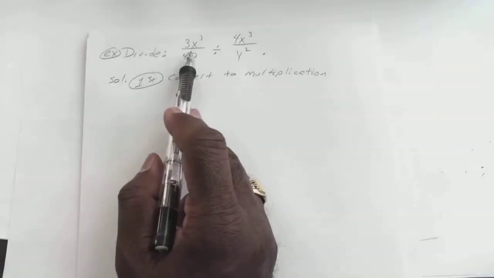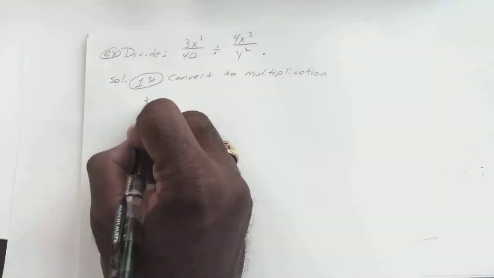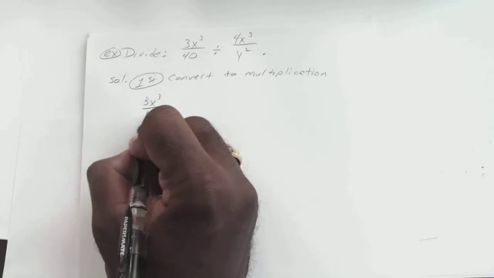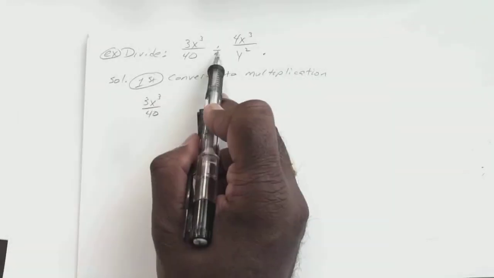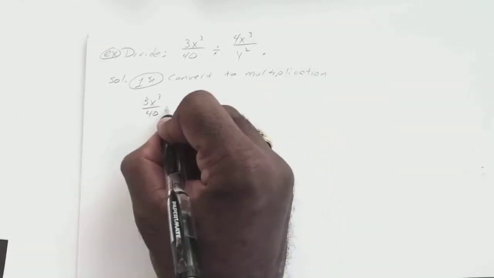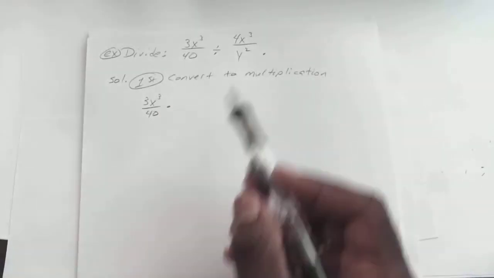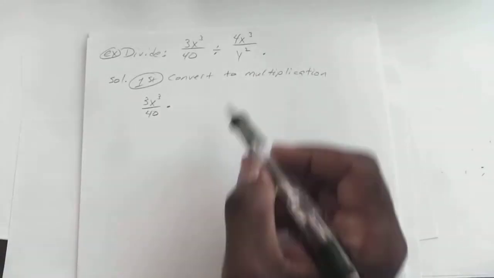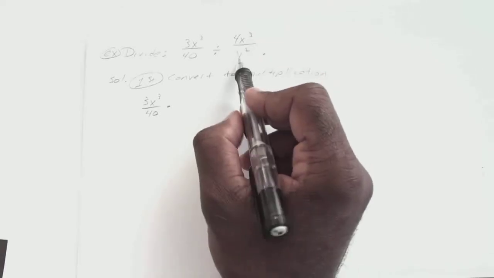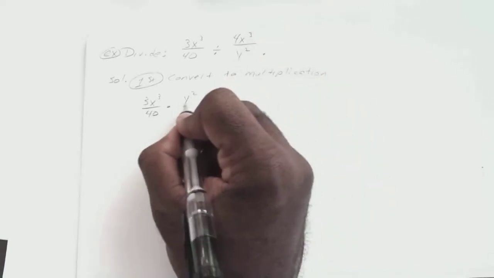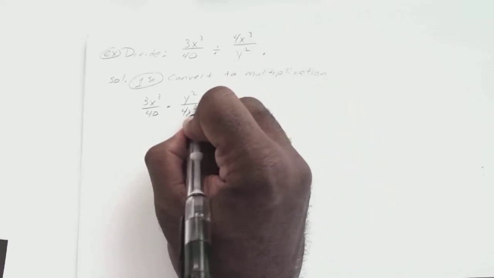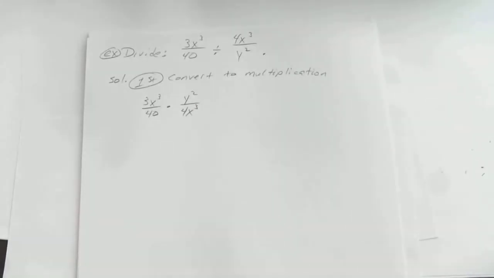To do that, you write down your first fraction, 3x to the third over 40. Step 2, your division changes to multiplication. Then your third step, you flip the second fraction. So instead of 4x cubed over y squared, it becomes y squared over 4x to the third power. And then you just multiply it like we've been doing before.